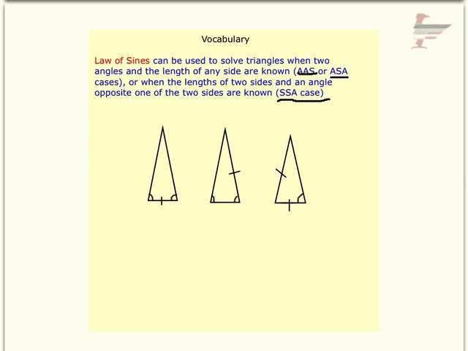So looking down here, you see the first triangle, you know an angle, a side, and an angle. I'm just making sure you remember this from geometry. The second triangle is an angle, angle, and a side. And the last is a side, side, angle. And I just remember this last one as the bad word spelled backwards, and that's the ambiguous case, and I'll talk more about that.